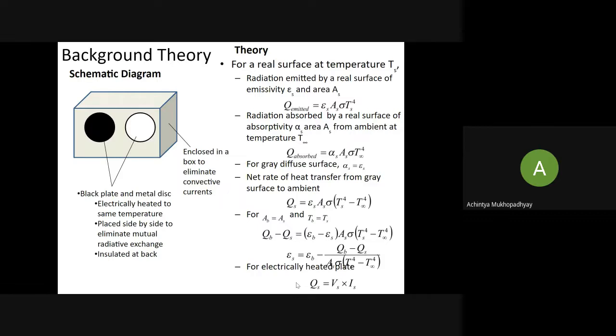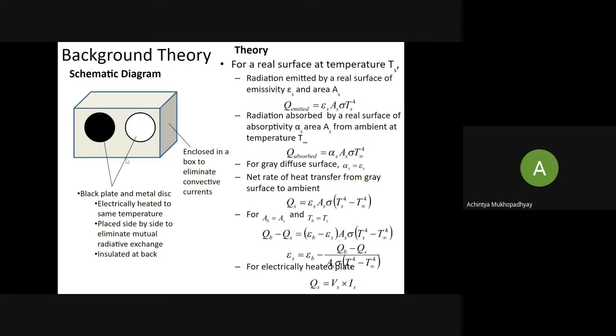Now, if we know epsilon B, and if we can find out QB and QS, I can calculate epsilon S. To know QB and QS, both the plates are electrically heated.